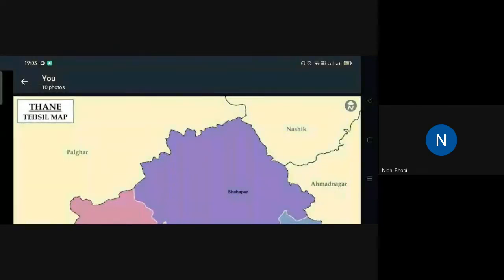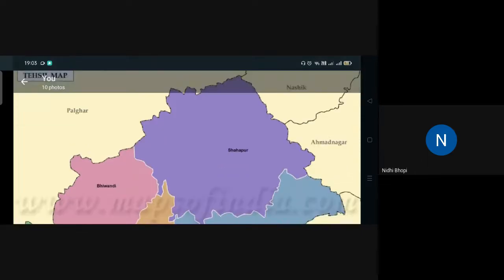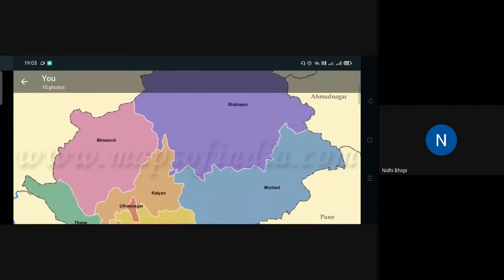See, I had just begun with the Thane map on that day. In the last lecture we had, I used the topic map. So we did the map of Thane first. It is visible on my screen. Just a little bit of revision. We have seen this Thane map.